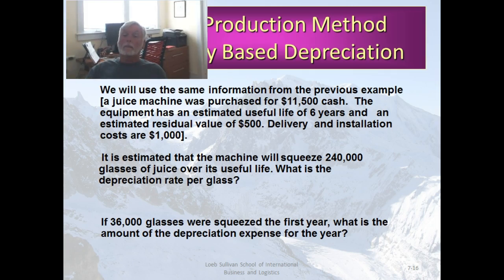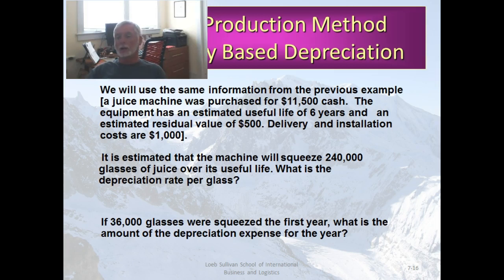So we need to calculate how this machine will be depreciated, and the first thing we need to do is figure out how much to depreciate each time we squeeze one glass. So if we take the 12,500 minus $500 residual value and divide it by 240,000, we come up with a per glass depreciation rate.